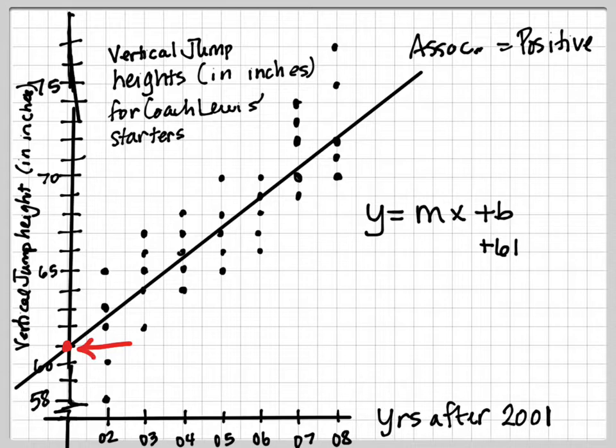So if we want to use this one, it would be the year, or the x value, of 0. It represents the year 2001. This is why I usually start at the year 2000, because I don't have to work through all the details like that. All right, and then it's 61, right?